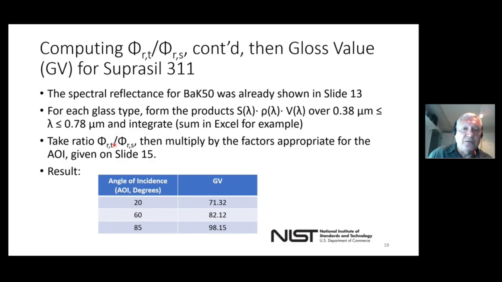You want to do that over 380 to 780 nanometers and then integrate. And finally, you want to multiply by the BAK50 factors on the previous slide, appropriate for the angles of incidence. The result is shown in the table, where I'm using GV instead of GU, sorry about that, that refers to the computed gloss value for the Supercell 311.